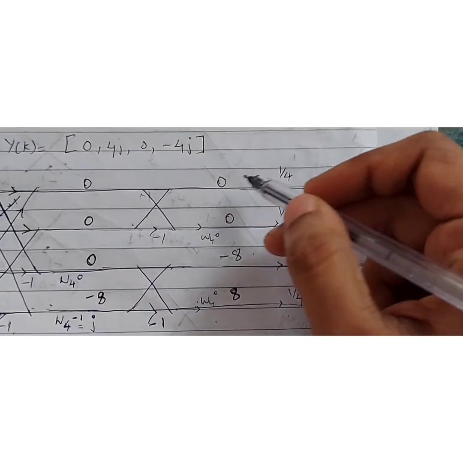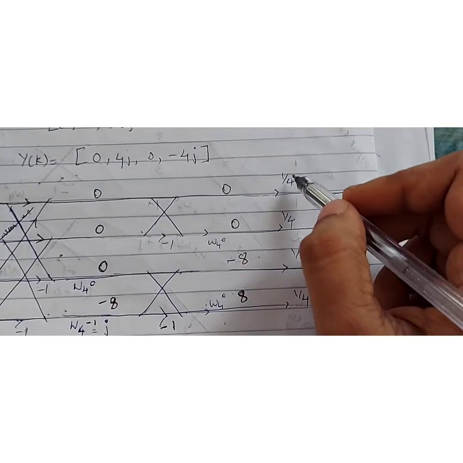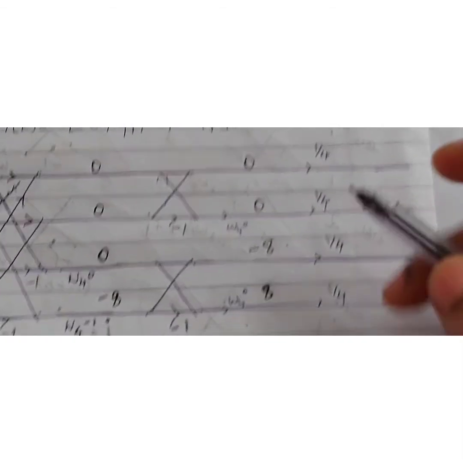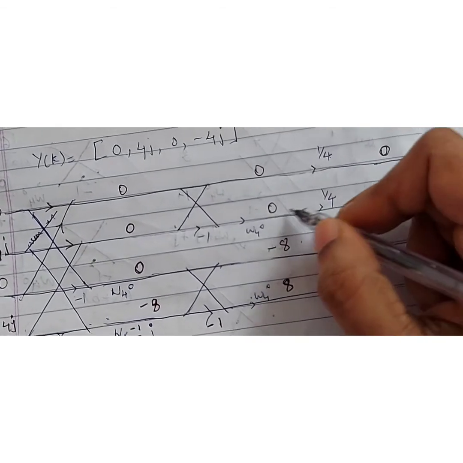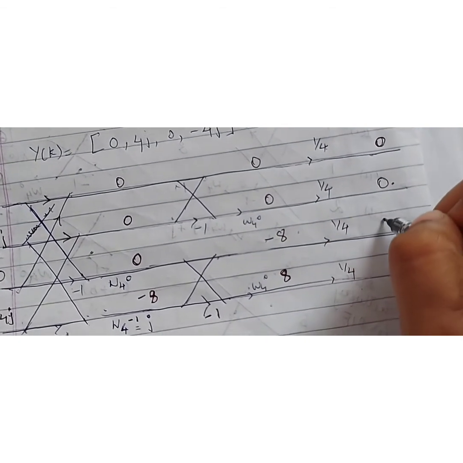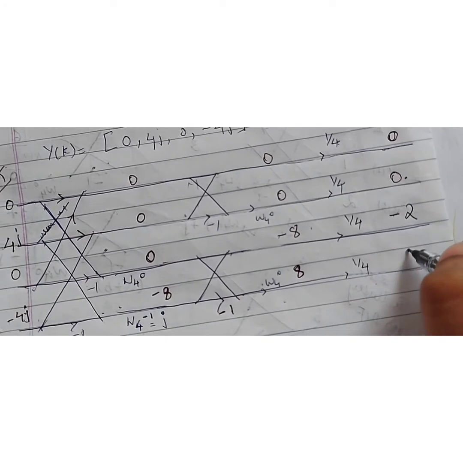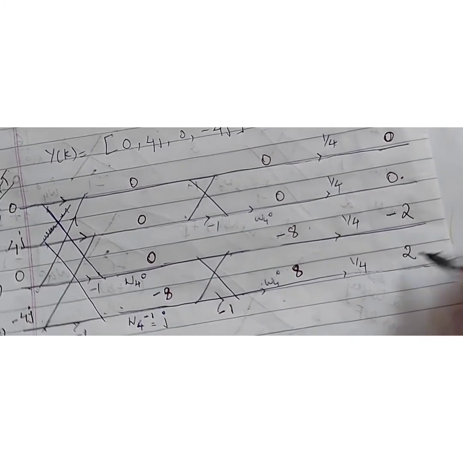Have these values. Now do this multiplication with 1 by 4, or nothing but you're dividing these values. So what do you get? 0 by 4 is 0. 0 by 4 is 0. Minus 8 by 4 is minus 2. 8 by 4 is plus 2.